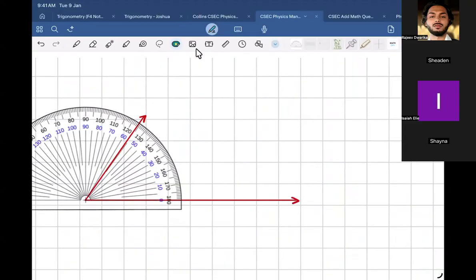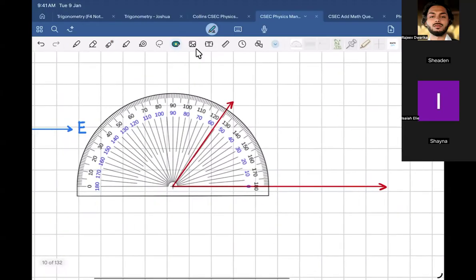I think it's a protractor. The reason I always think it's a compass is because it has degrees and kind of looks like a compass. I don't know who thought to call it a protractor. What were they thinking? Let me just verify. So yes, this is a protractor.